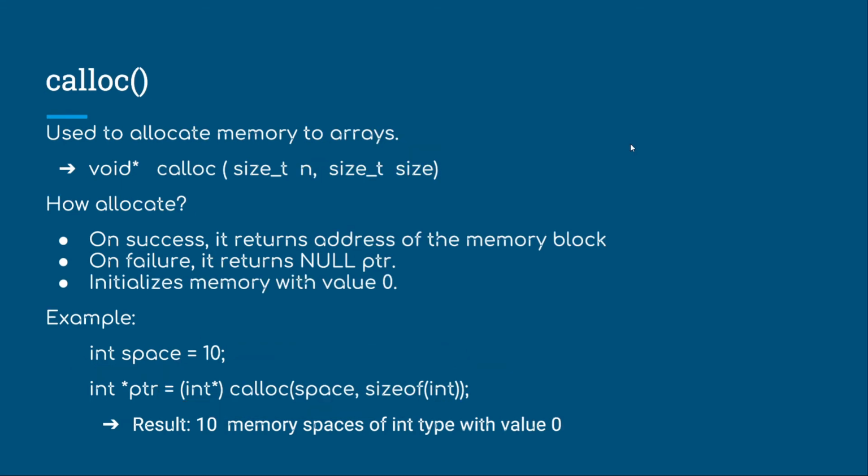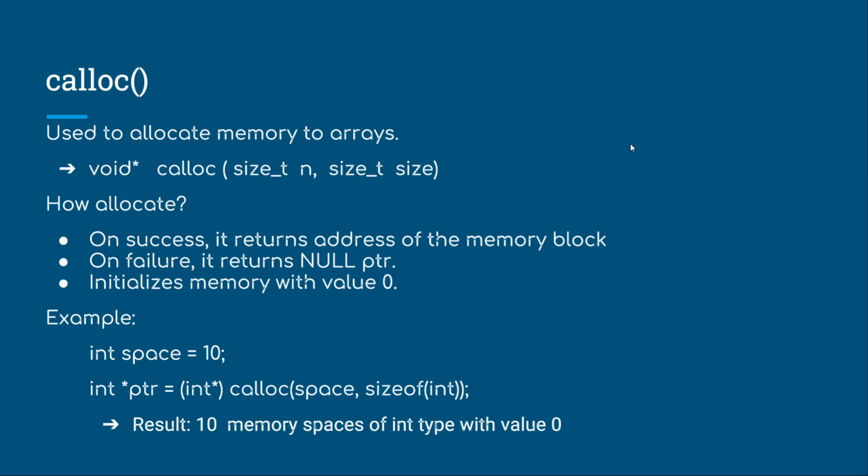Fine. So calloc is nothing but the same kind of built-in function provided by the C or C++ compiler. How is it defined? It is defined similarly as void asterisk, that means it indicates a void type of pointer, and then size_t n, that means how many chunks of memory you want to be allocated, and then size, that means how much size that particular one chunk will need.